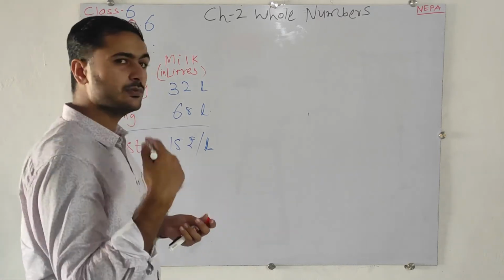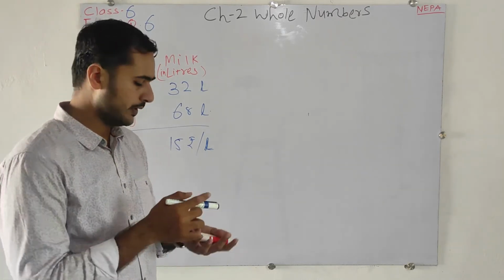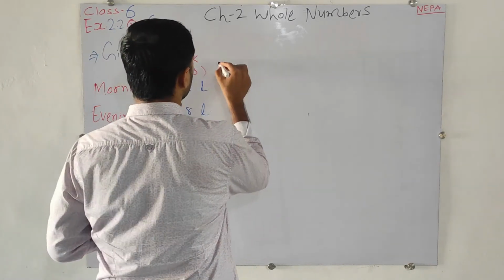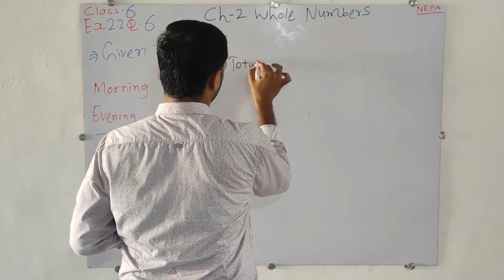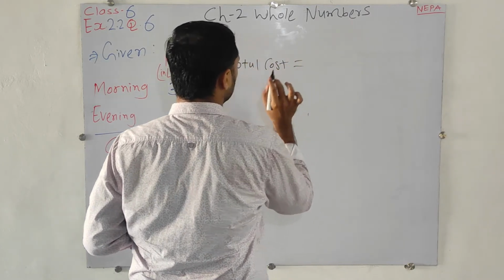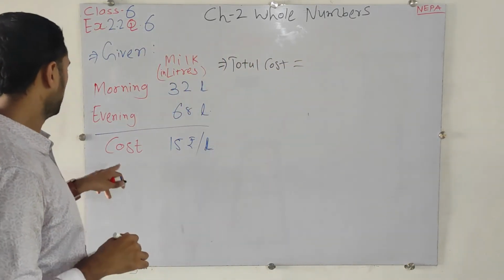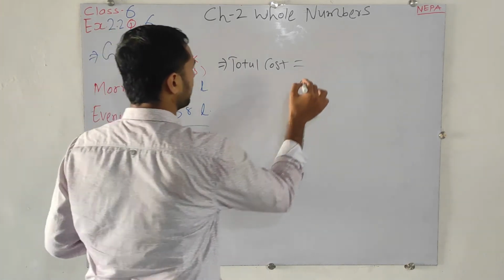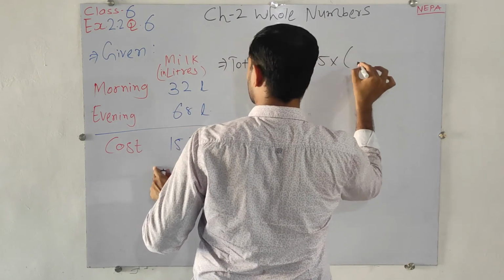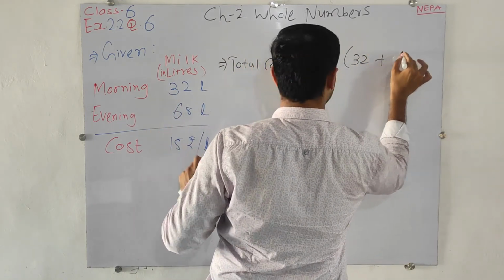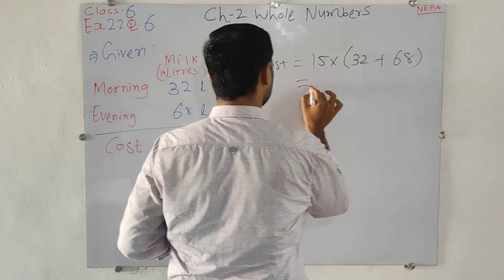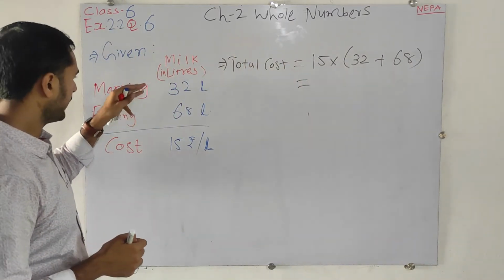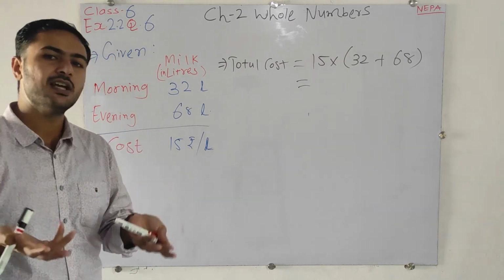How will we do it? The same thing as we did for the petrol. Total cost equals 15 multiplied by 32 plus 68. Here also you can do it another way: first find the amount for morning, find the amount for evening, and then add them.